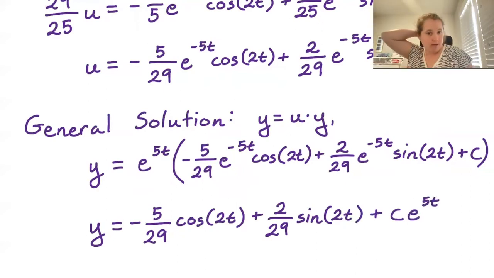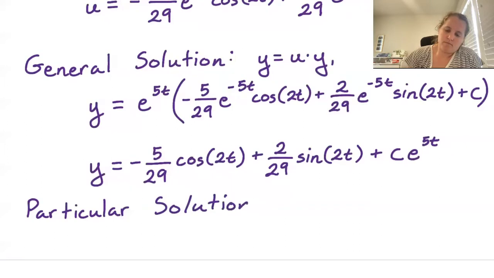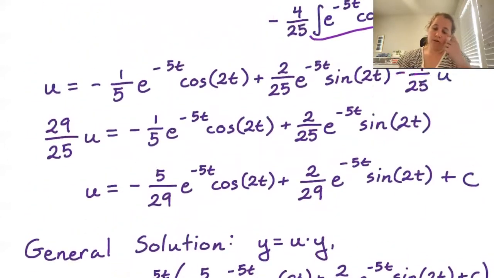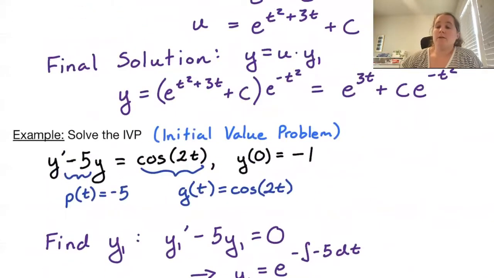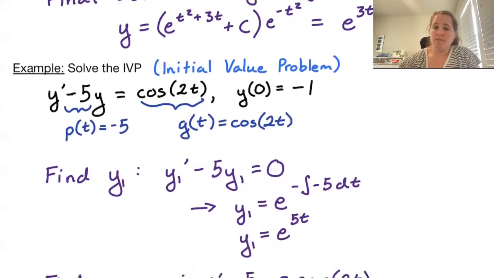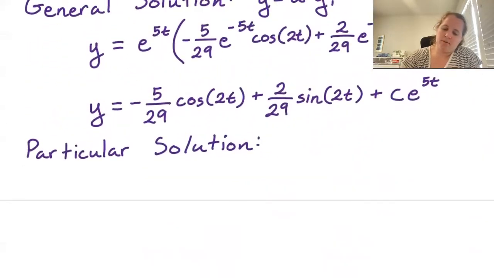From here, we just have our initial condition. So now we're going to do our particular solution. Our initial condition was that y of 0 is equal to negative 1. So scrolling back down, we have y of 0 equals negative 1.